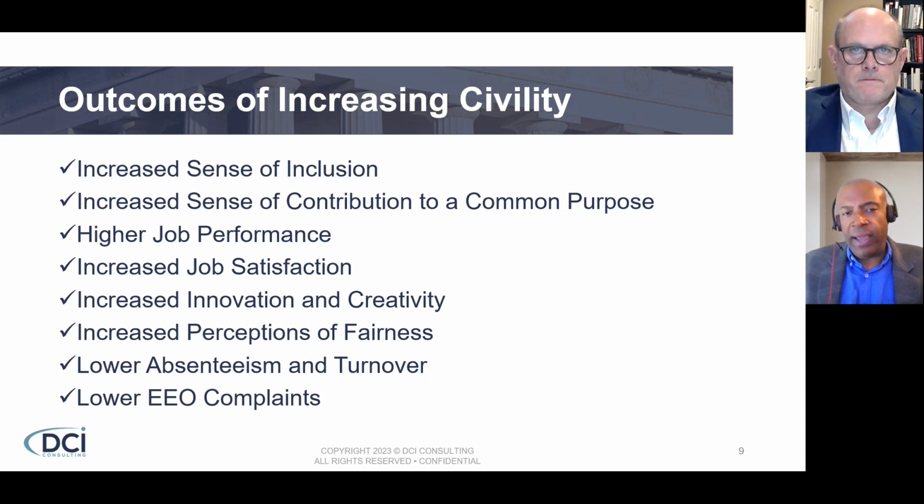At times we'll see higher levels of performance, both in task and organizational citizenship, increases in job satisfaction, innovation, decision making, and creativity, and higher perceptions of organizational justice and fairness. We'll see lower instances of turnover and absenteeism, as well as lower incidences of EEO complaints.